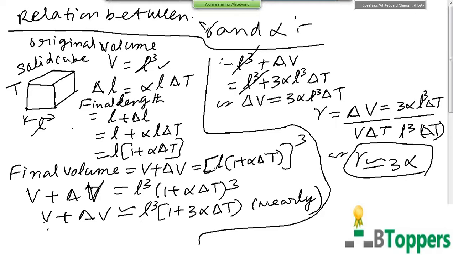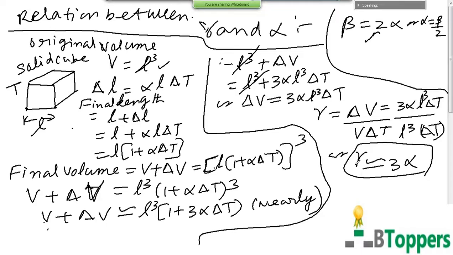Sometimes this can be written in different ways. And finally, we have derived both the relations: beta is nearly equal to alpha, and gamma is nearly equal to 3 alpha. From the same equation, we can write alpha equal to beta by 2. From this equation, gamma equal to 3 alpha, alpha can be nearly written as gamma by 3.